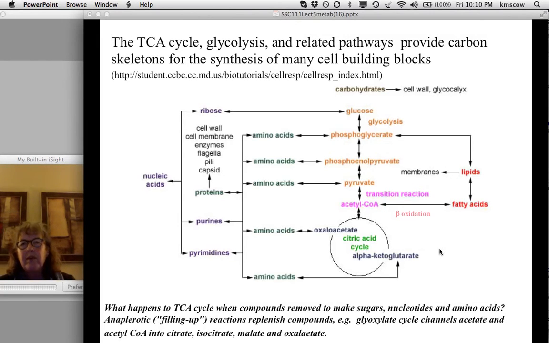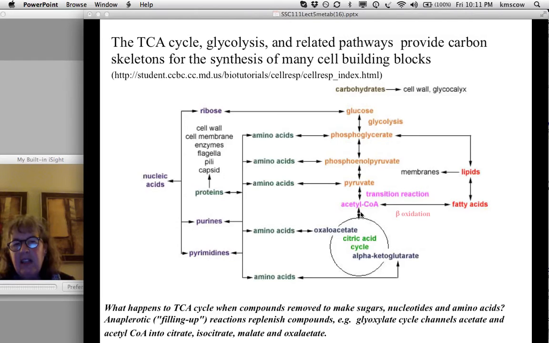So my point being that this pathway of glucose to pyruvate into the TCA cycle is not only involved in making energy, but it's also making building blocks for anabolism. And you can see here that I don't want to spend too much time looking at all the different compounds and what are the families of monomers that are made from different key intermediates.